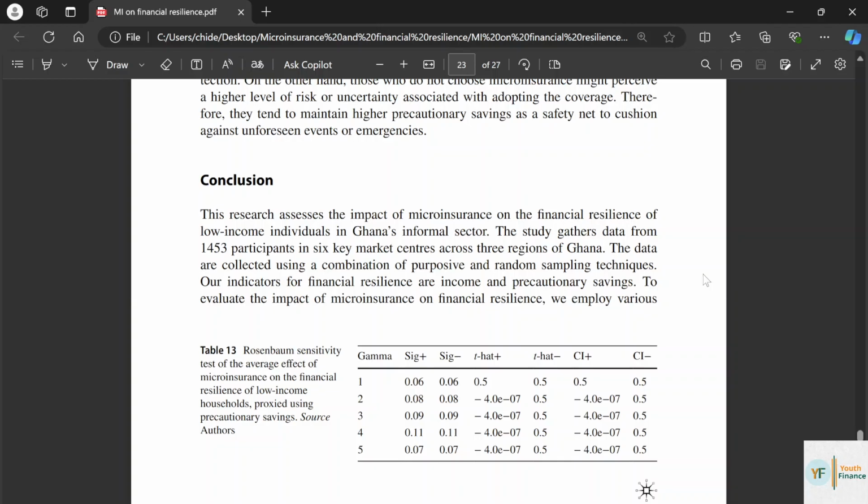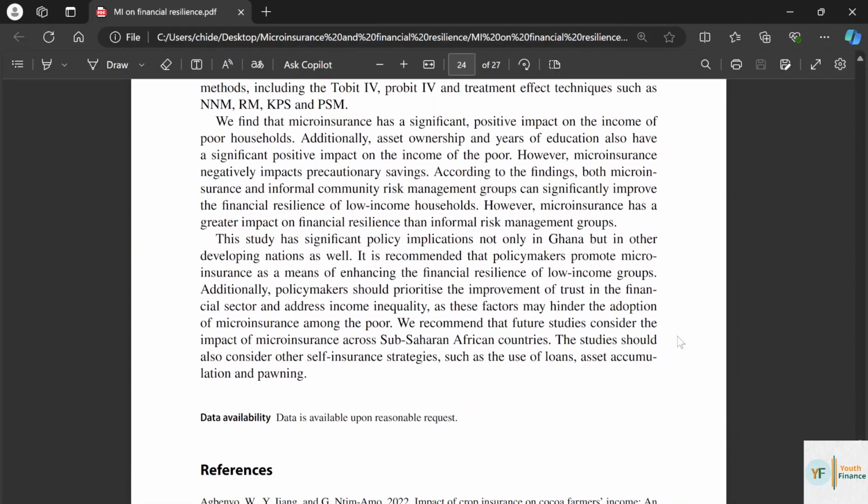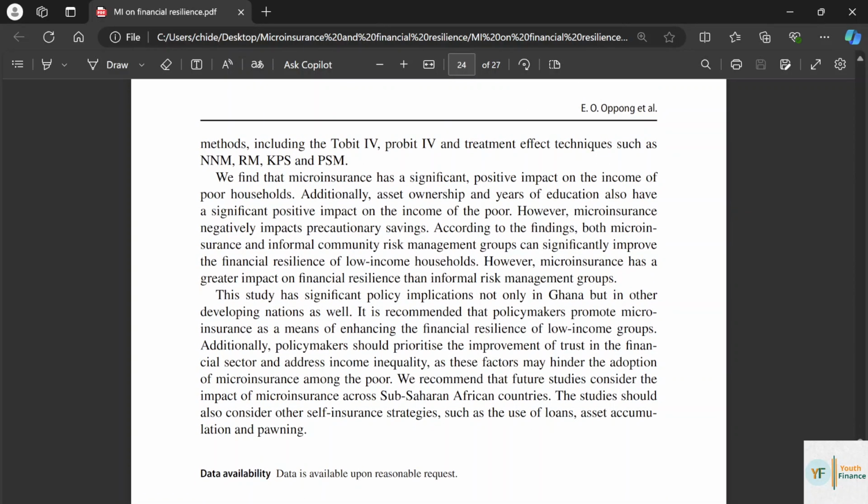So we are concluding the study. So this is the conclusion section, of course, we recall the purpose of the study, the methodology, the findings, its implication, but we are more focused on the recommendation. So we are here. The paper recommends that policymakers should promote microinsurance as a means of enhancing the financial resilience of low-income groups.